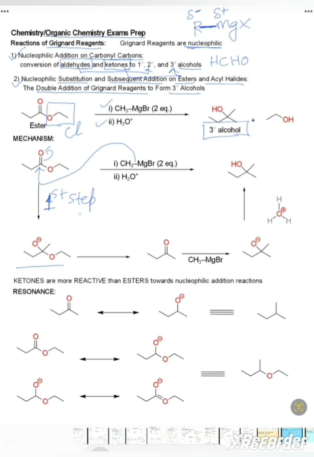Now this first step is the addition of Grignard reagent. The second step is the substitution step, where the tetrahedral intermediate collapses and the leaving group leaves as ethoxide ion. So this step is the elimination.